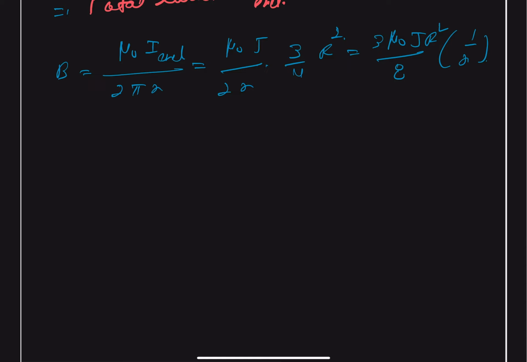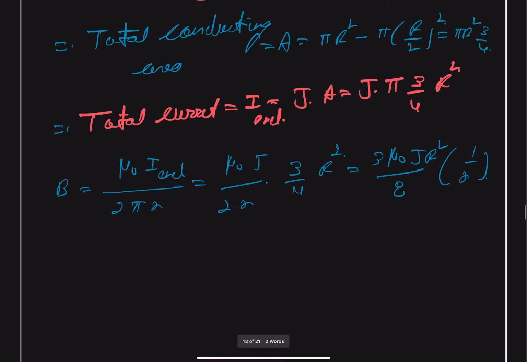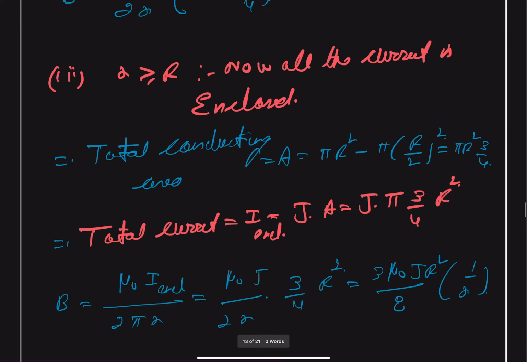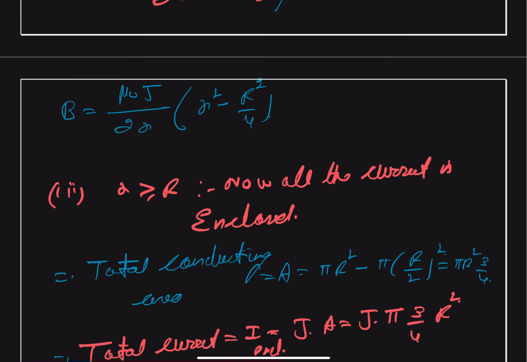And here in this case we can clearly see that with the increase in x, the magnetic field increases in a curved manner, okay, and it reaches a maximum when x is equal to r.